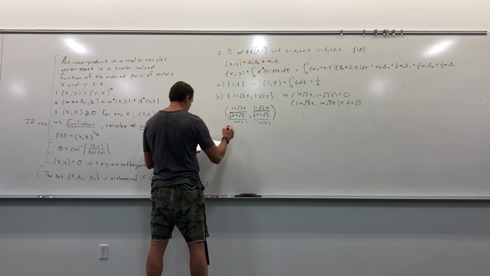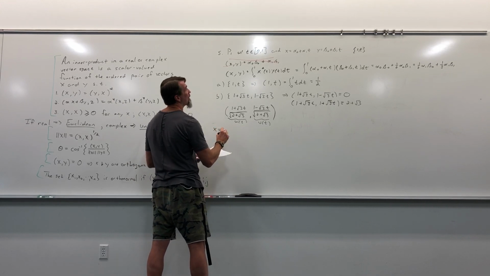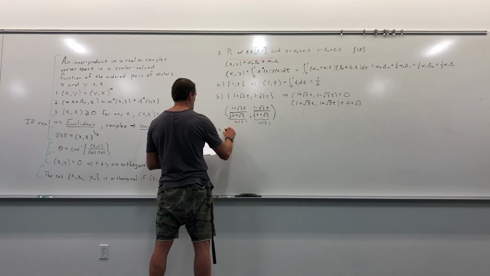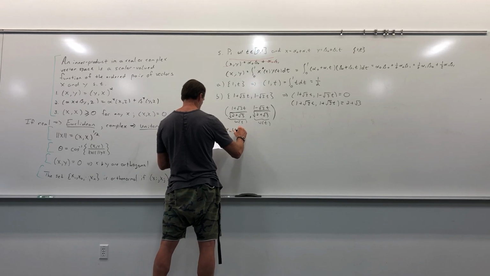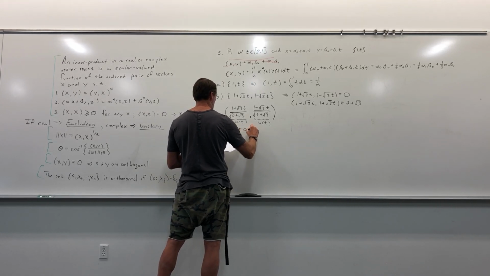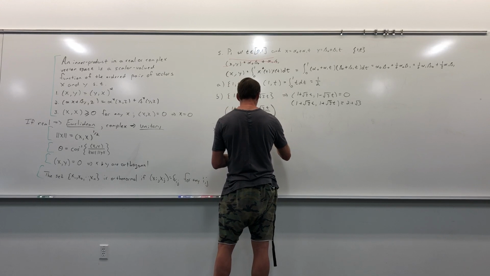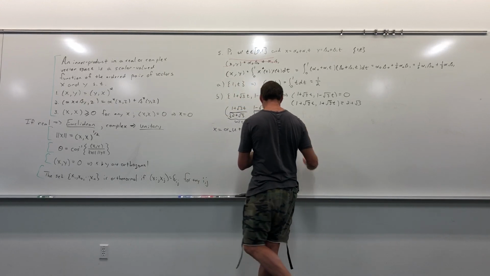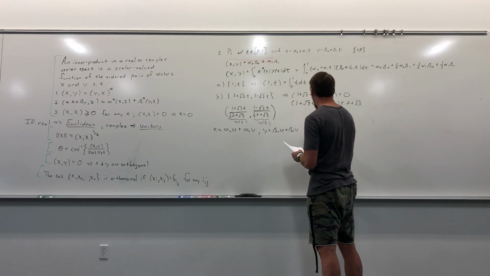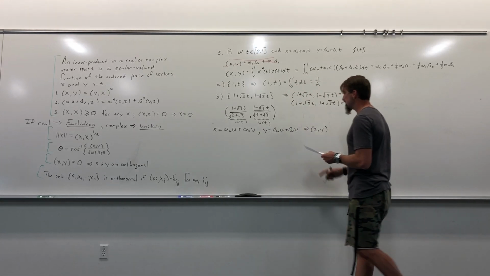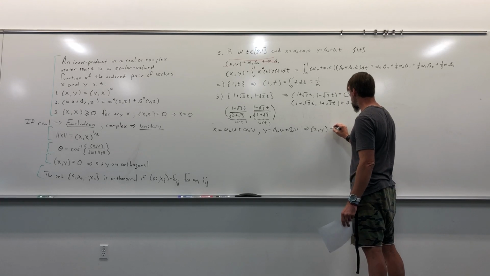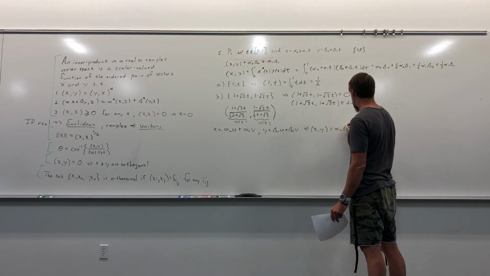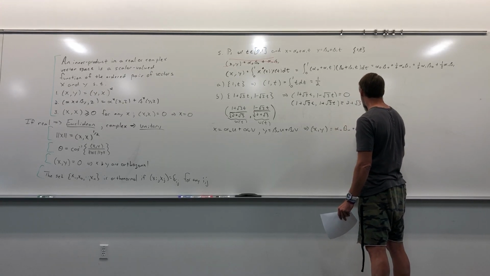So if we express the vector x in terms of this basis, and I'm not saying that's going to be trivial, and the vector y in this basis, then what we know is that the inner product of those two vectors is just going to be alpha u, beta u, plus alpha v, beta v.